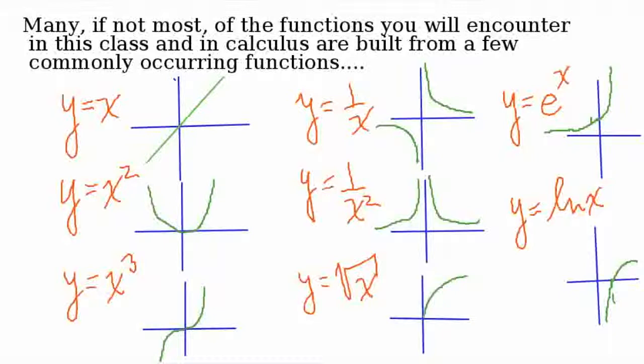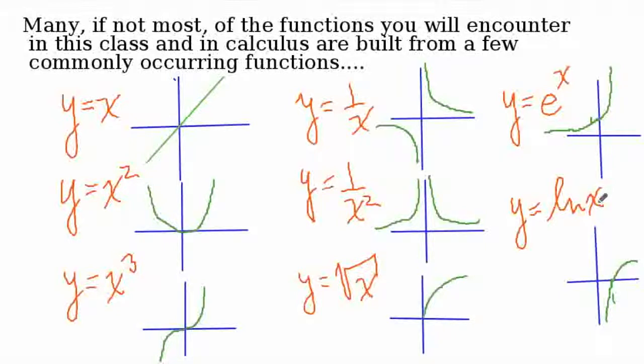So the y-axis is an asymptote, and the natural log keeps growing, but it keeps growing painfully slow. All right? The square root is still growing, but it grows slowly. That's why it looks like it's getting more horizontal. Same thing with the natural log, but the natural log grows even slower than the square root.